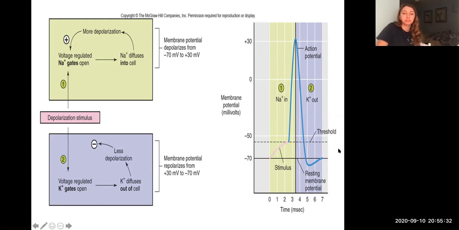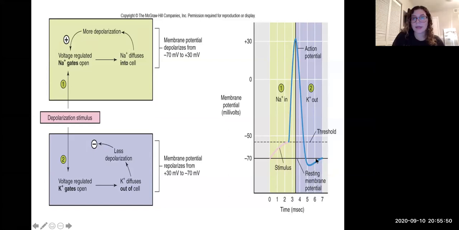So what she was just explaining is right here. It's from threshold, like you said, to -70. That's the absolute refractory period. And then below -70, when it reaches hyperpolarization, that's the relative refractory period. Am I correct? Yeah, so when it first reaches the -55 threshold on the sodium side, all the way through the depolarization phase until it goes to repolarization, that whole area is the absolute refractory period.